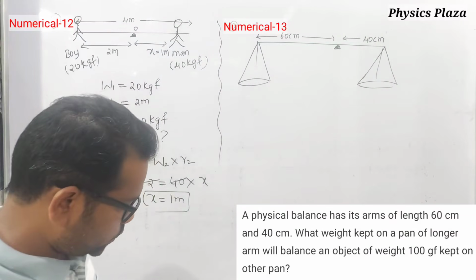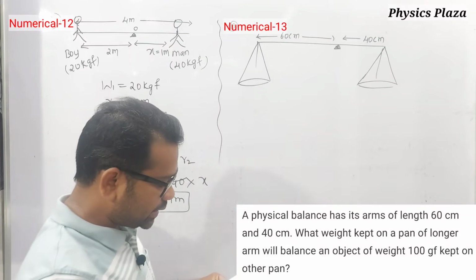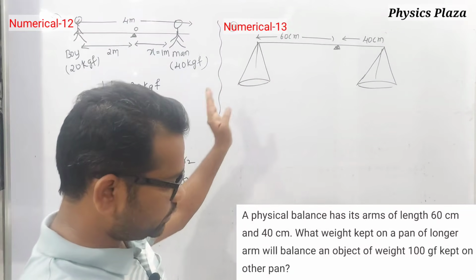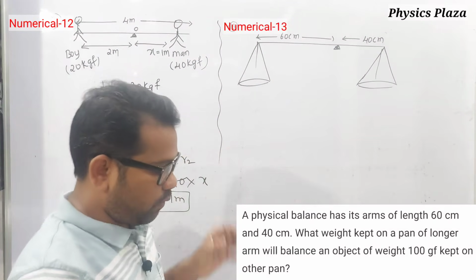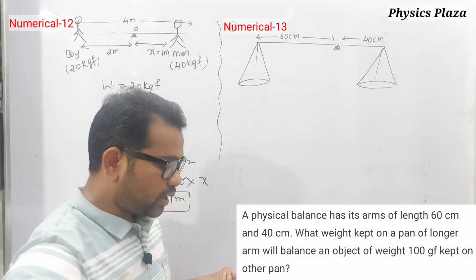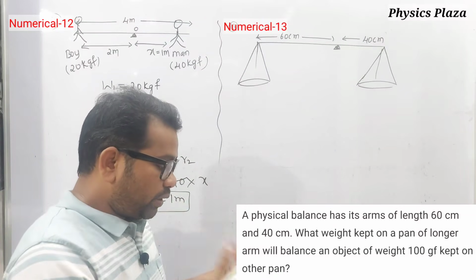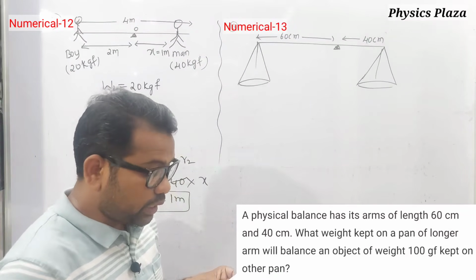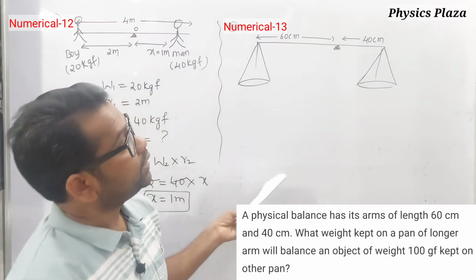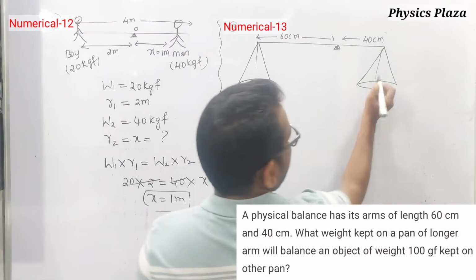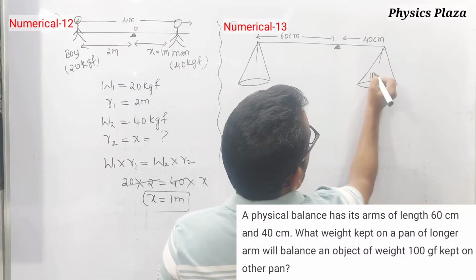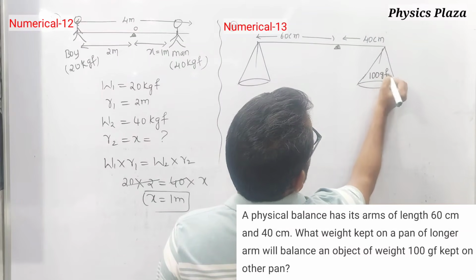Am I clear? Fine. So, it is said that a physical balance has arms of length 60 centimeters and 40 centimeters. What weight kept on the pan of the longer arm will balance an object of weight 100 gram force kept on the short arm, children? So, here they are saying a 100 gram force weight is placed.